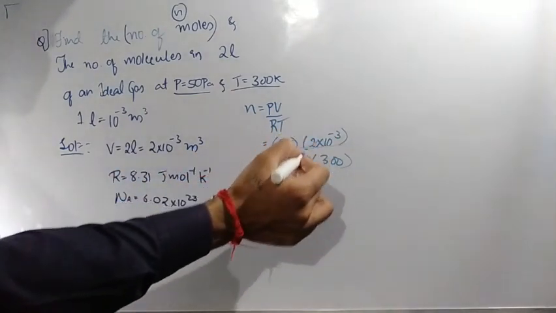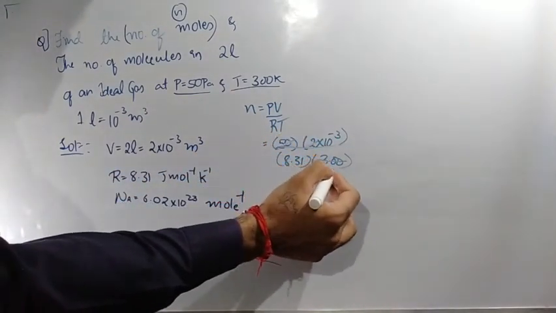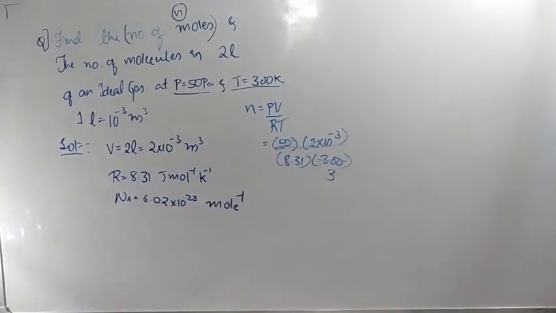50 into 2 is nothing but 100. 100 by 300 is nothing but 1 by 3. So how much are you going to get? 3 into 8.31 is in the denominator. 3 and 8.31.